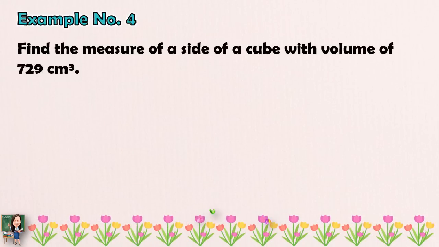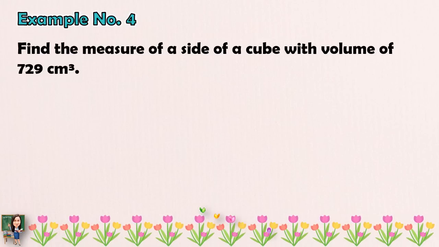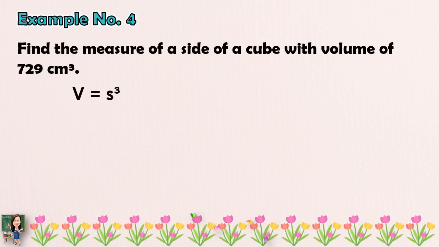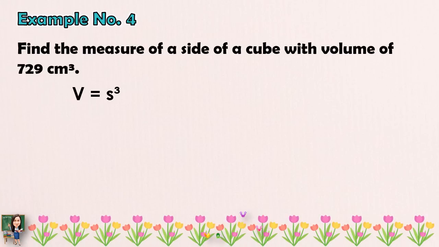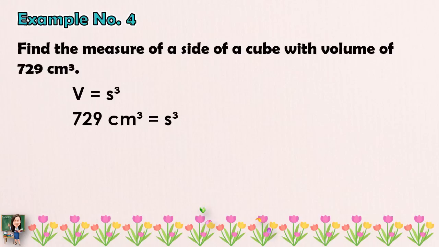Example number 4. Find the measure of a side of a cube with a volume of 729 cubic centimeters. The formula is volume equals side cubed. The volume is already given, which is 729 cubic centimeters. Now we have to find the measure of each side.